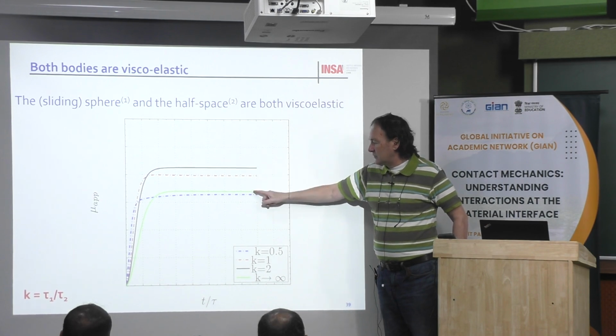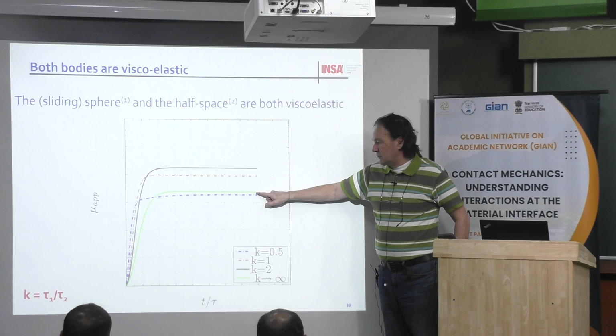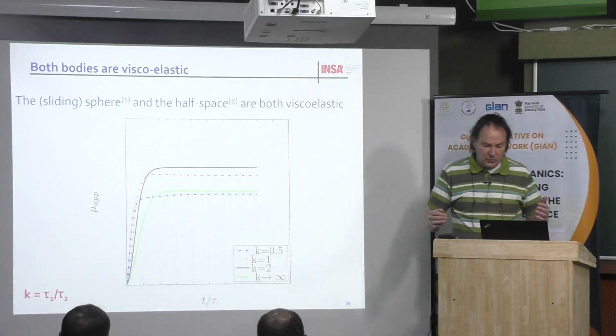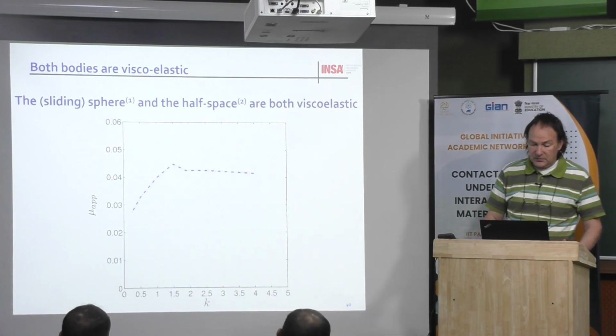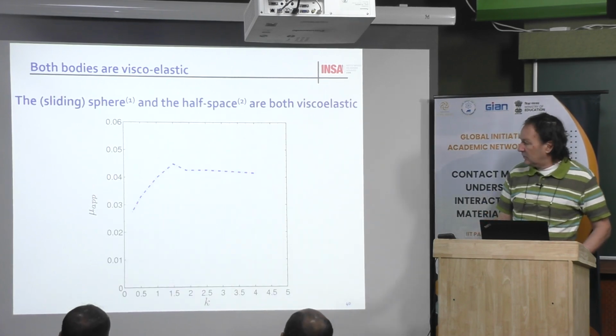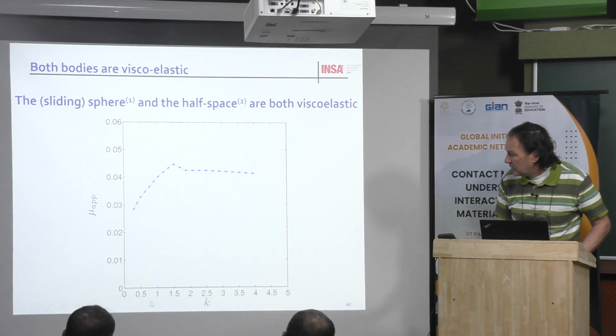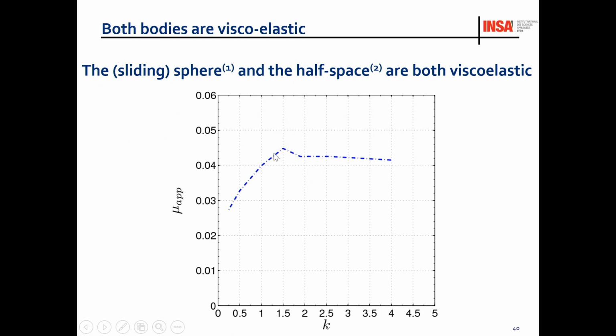And also, you can have something which is lower than just with one viscoelastic material. Then, okay, you can play with all parameters. After, and that's what I said before, again, you can see an optimum value. Here, for example, for K equal 1, you can see the maximum value of the friction coefficient. And we didn't try to go further for that.